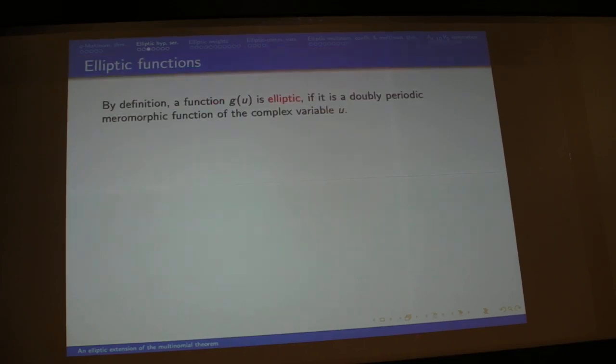Okay, so what is an elliptic function? I don't mean a special elliptic function like elliptic integrals of the first and second kind, which I would rather call special elliptic functions. I mean an elliptic function in general, which is just a meromorphic function that is also doubly periodic in its variable.